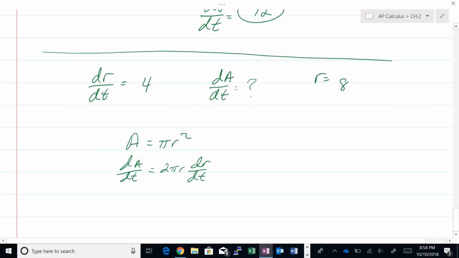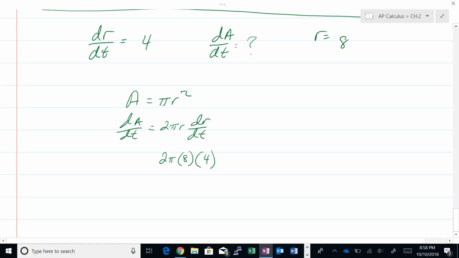Okay, we know r and we know dr/dt, so we get 64 pi. Again, piece of cake when you kind of see it done.